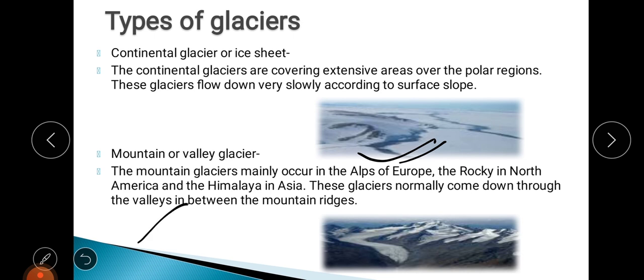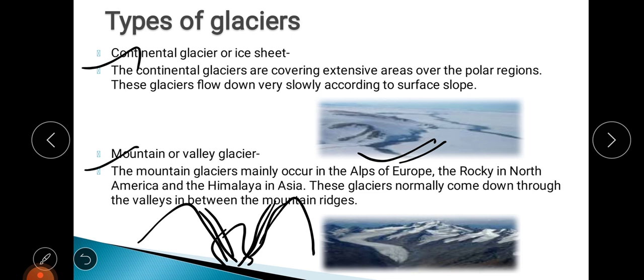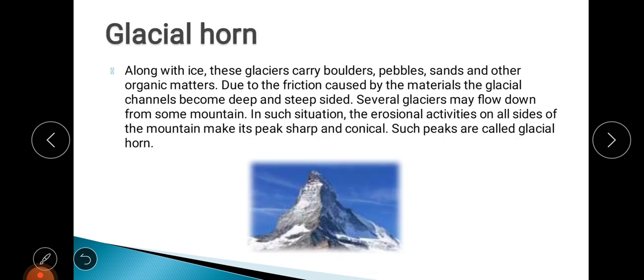If these are two mountains, then these glaciers move down like this, towards the valley region. So there are basically two types of glacier. One is found in the polar region, and another is found in the high mountainous region, like the Alps of Europe and the Rockies of North America.